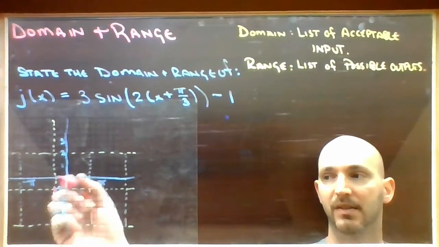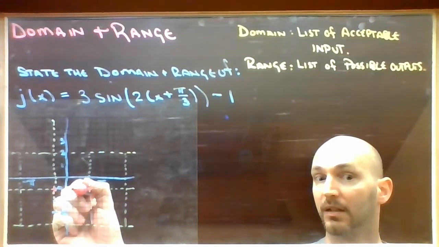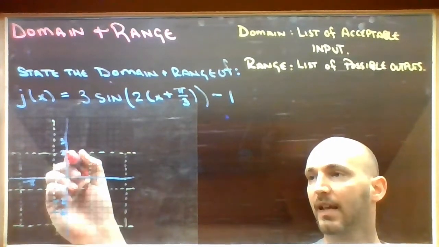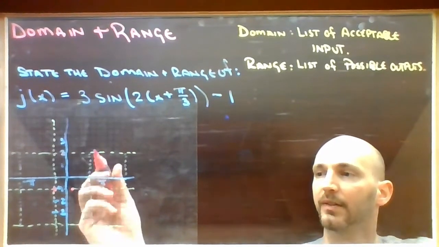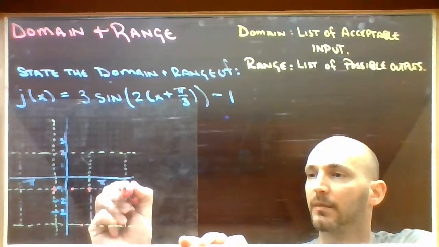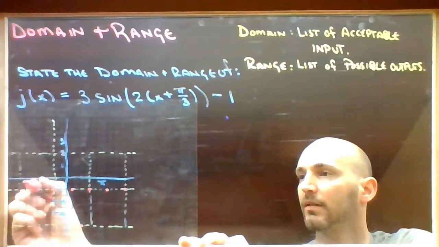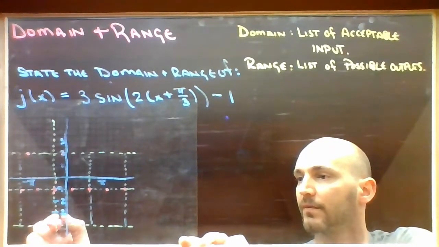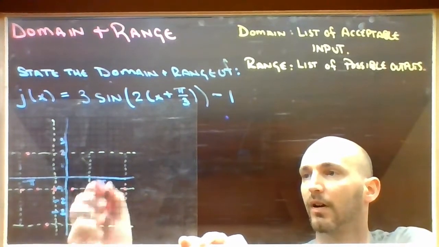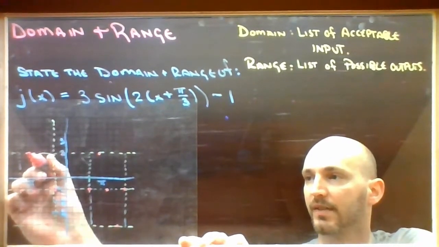or starts in the middle, sorry, is in the middle, peaks halfway between those, and troughs halfway between those. So repeating the pattern, middle, peak, middle, trough, peak, trough, peak, trough. And I just have to sketch it in.